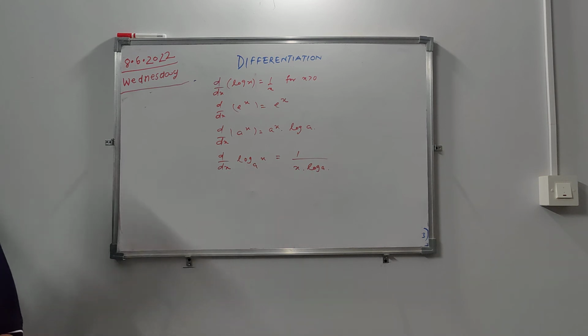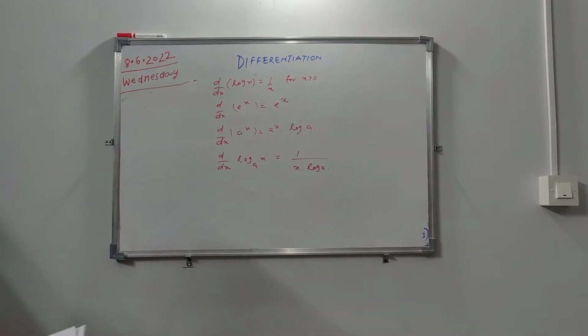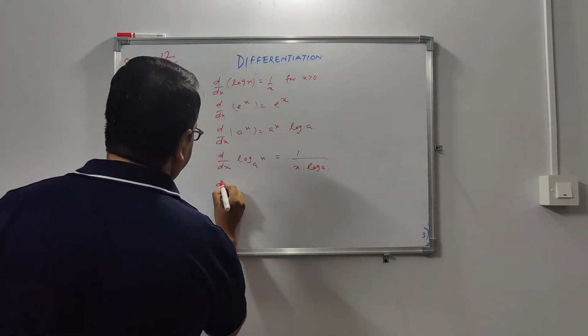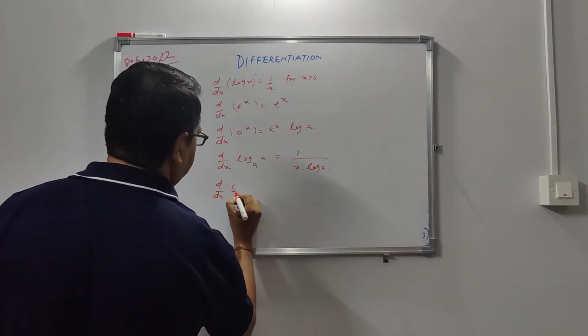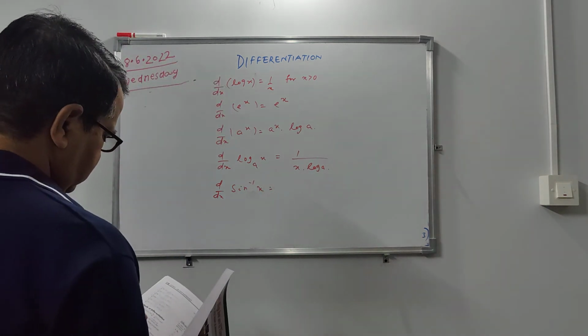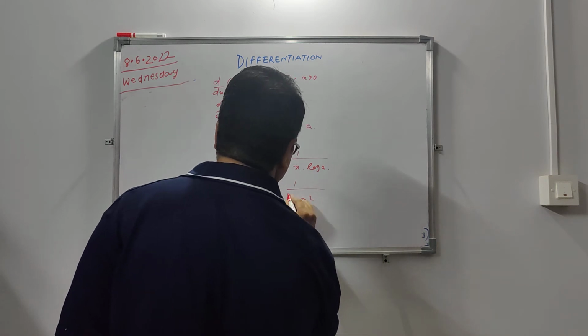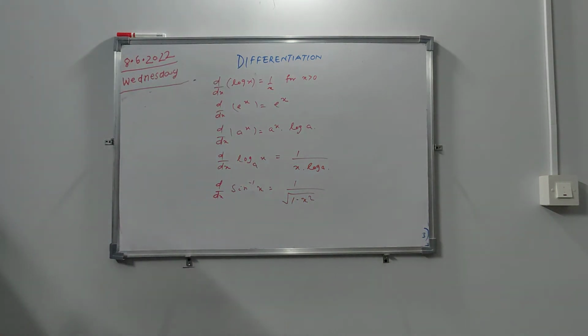Then the derivative of sine inverse x is 1 by root of 1 minus x square. Cos inverse will be minus 1 by root of 1 minus x square. Similarly for sec inverse, cosec inverse, tan inverse and cot inverse, all these things are there.